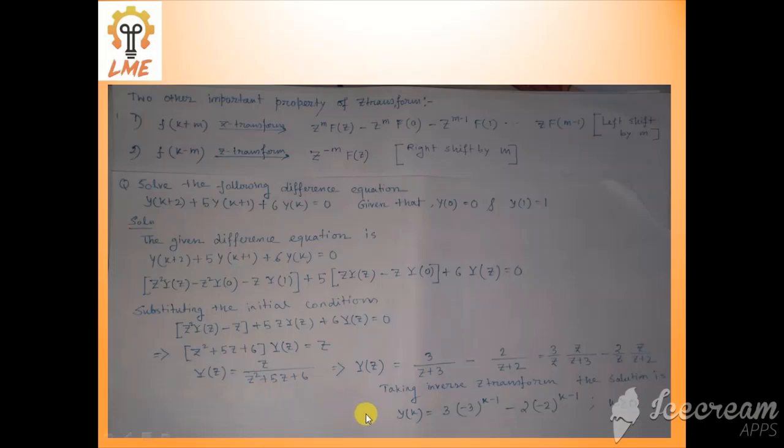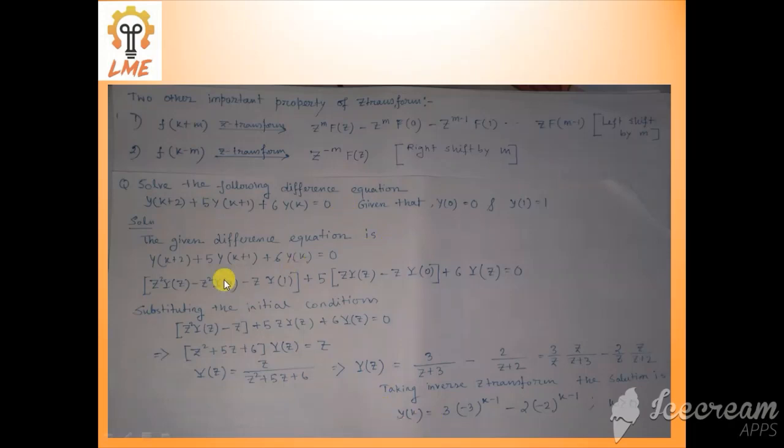If it is d2y/dt2 plus 5 dy/dt plus y equal to 0, and you are asked to solve this differential equation, you actually perform the Laplace transform to get the value of y. Similarly here you have to find the value of y(k). This is a difference equation, that is why you have to find the value of y(k).